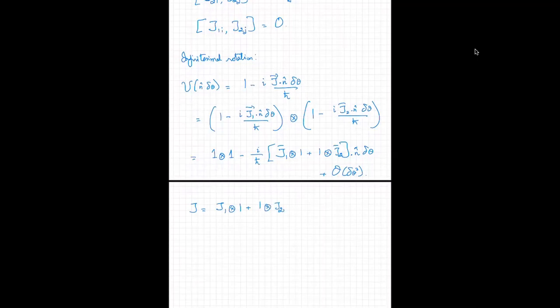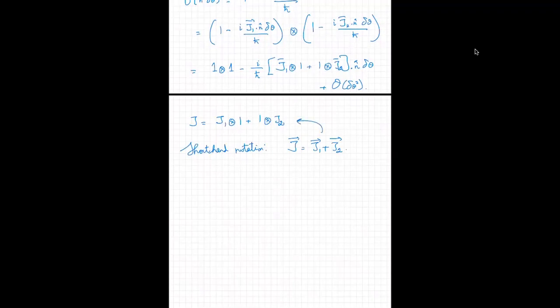So when I say J equals J1 plus J2, the shorthand notation that is frequently employed, this is what they mean.